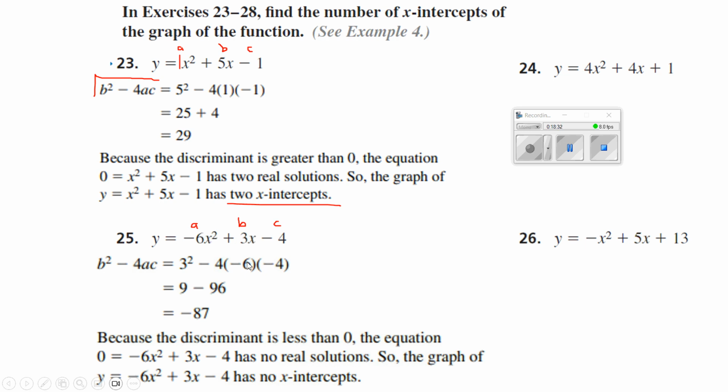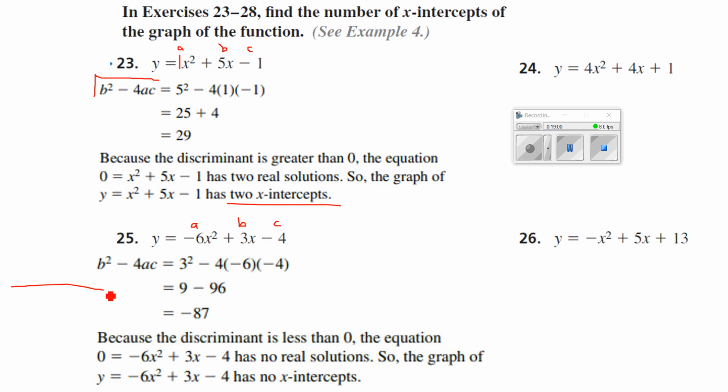And negative 6 times negative 4, that's a positive 24. 24 times negative 4 would be negative 96. So now we have 9 minus 96. That's going to give us a negative 87. Remember, it has to be 0 or bigger. So the minute it was less than 0, the equation has no real solutions. So the graph has no x-intercepts. It's not going to cross the x-axis.